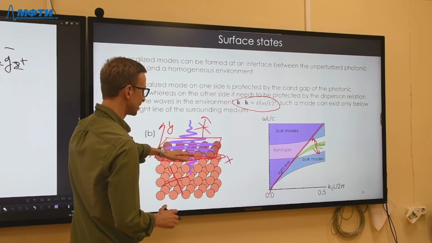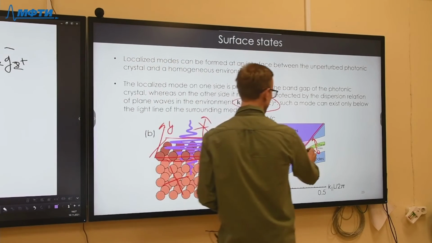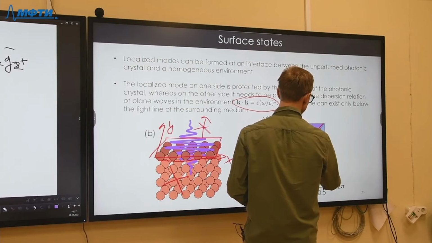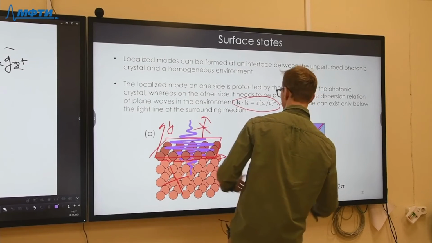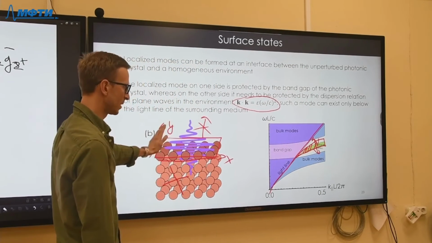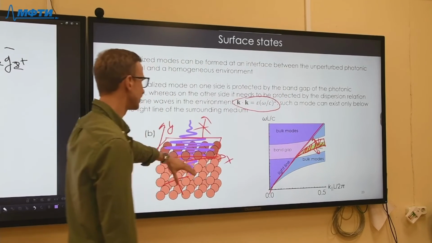It is different on the microscopic scale. And this is why the spectrum of surface states is not a single line, but an entire region occupied by surface states. Because depending on the angle at which my surface state propagates in the xy plane, it can have slightly different frequency because the crystal itself is anisotropic.